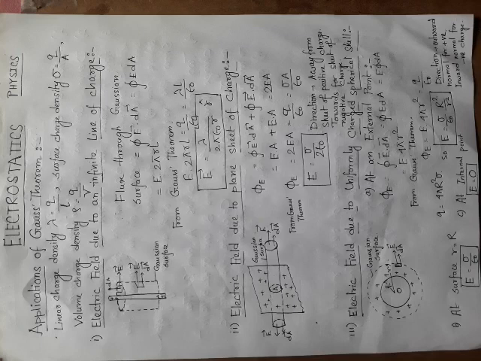If the point we considered is at the surface of the spherical shell, then small r and capital R are equal to each other, and the expression of E becomes sigma by epsilon naught. If we take the point inside the spherical shell, then inside the Gaussian surface the value of electric field is obviously 0. So this is the third application of Gauss theorem.